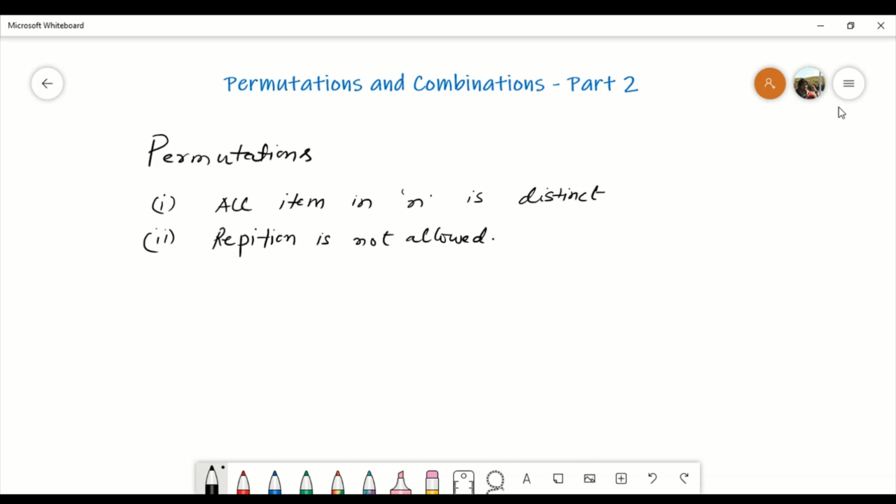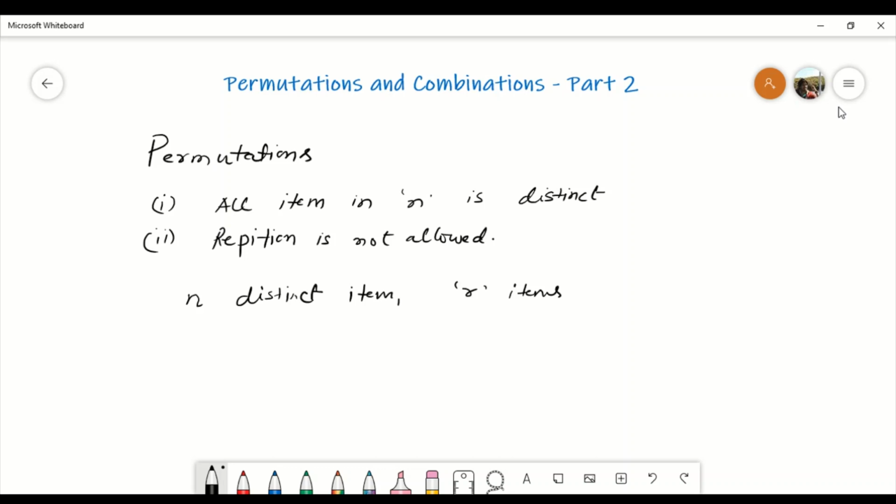Okay, so let's say the problem is that we have in total n distinct items, and we have to calculate the number of permutations of r items from this pool of n items without repetition, right? So how do we calculate it?